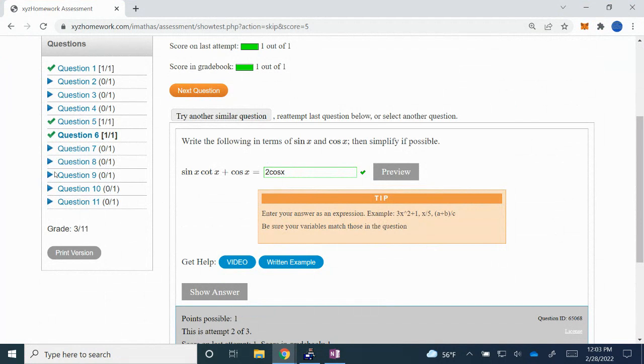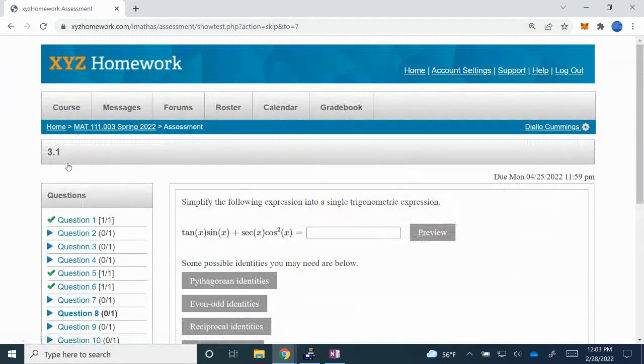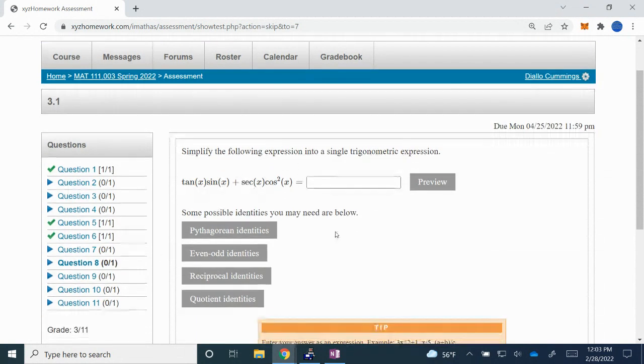All right, let's look at number 8. And I believe 8 is one of the problems that it doesn't actually change. The problem doesn't change.